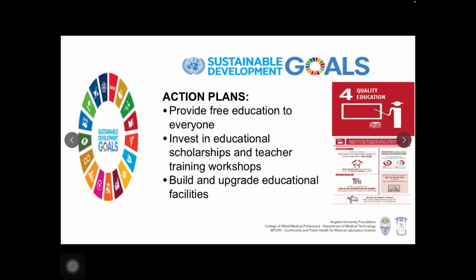Before COVID-19, the achievement of this goal was too slow, with a projected 200 million children who are still out of school by 2030. When COVID-19 became a pandemic, which caused the closures of schools, 90% of students were out of school.